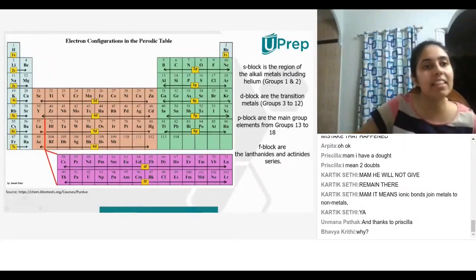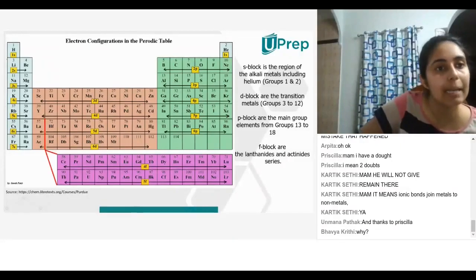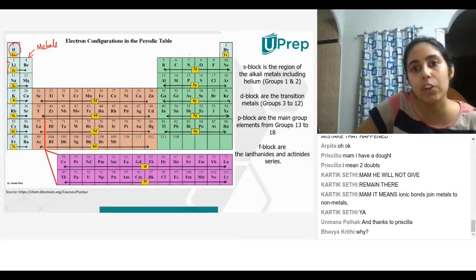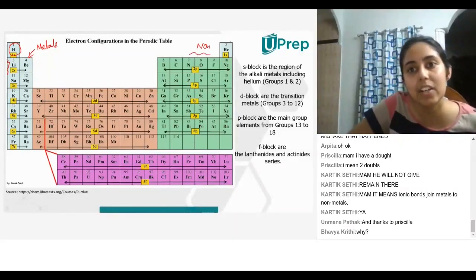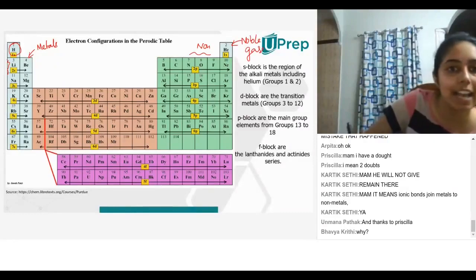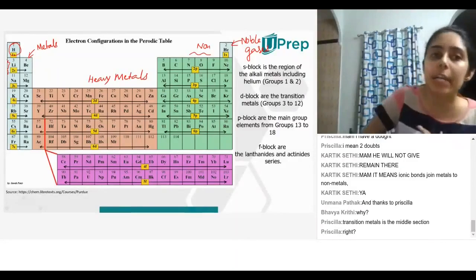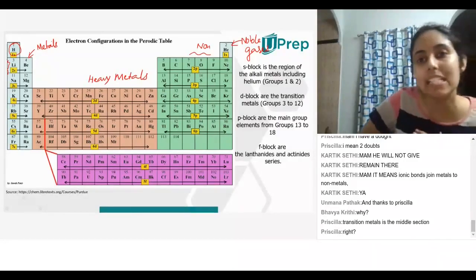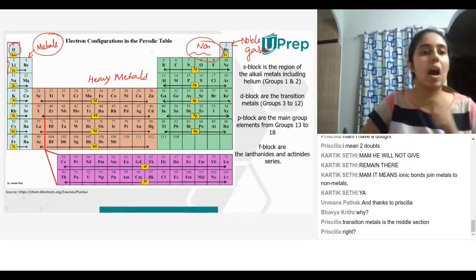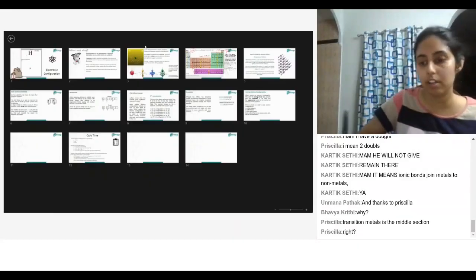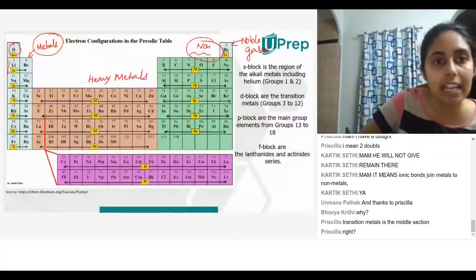So everything you see over here in light blue is a metal, except hydrogen. Everything towards this side is a non-metal. These are noble gases and these are heavy metals. Ionic bonds are always formed between metals and non-metals. For example, we saw NaCl.